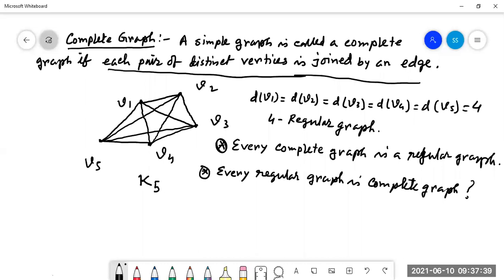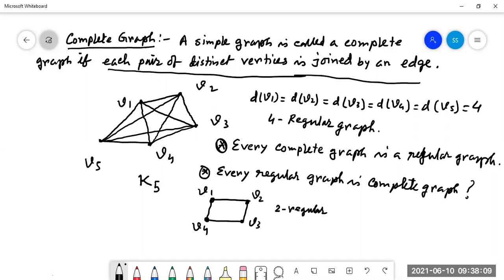Give an example. Is it a regular graph? Yes, sir. What regular is it? 2.